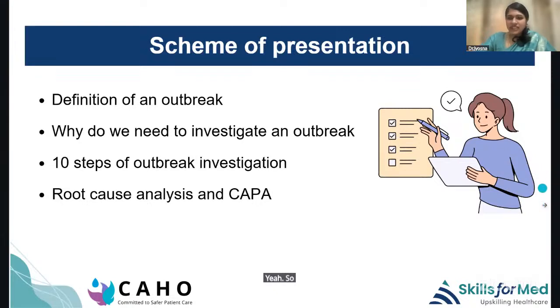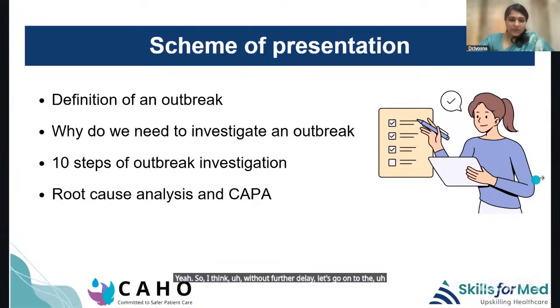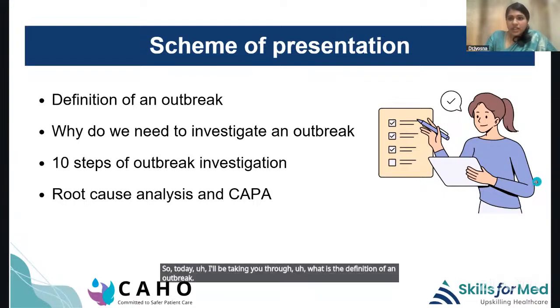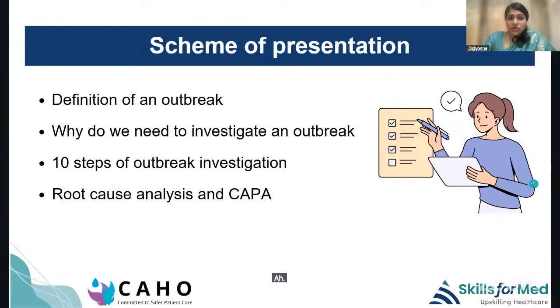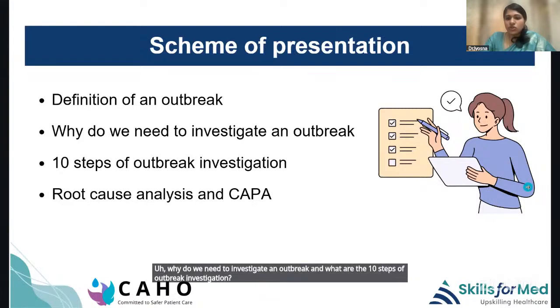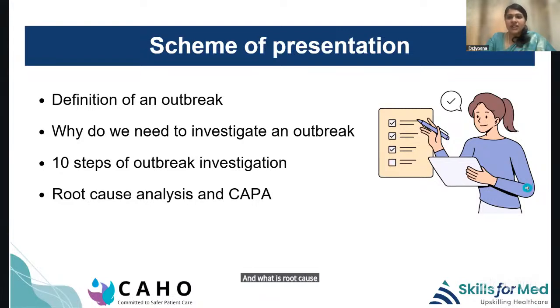So I think without further delay, let's go on to the presentation. Today I'll be taking you through what is the definition of an outbreak, why do we need to investigate an outbreak, what are the 10 steps of outbreak investigation, and what is root cause analysis and corrective action, preventive action.